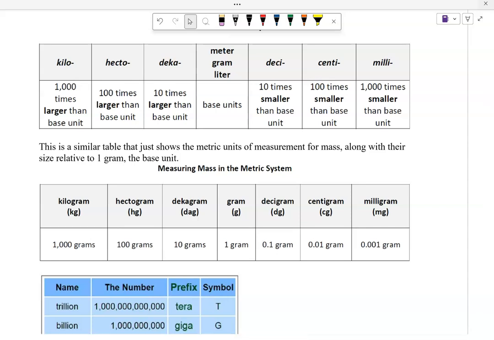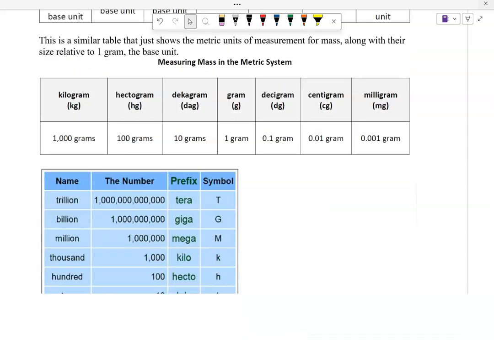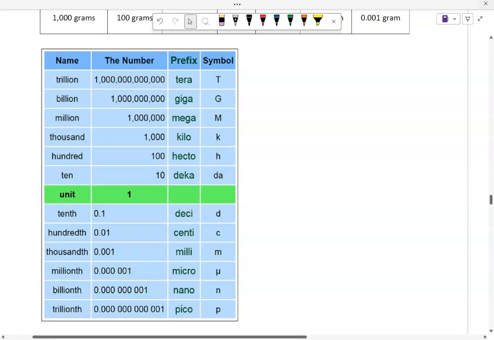I have this listed a couple of different ways, including down here the whole prefix. So for example, if you're using meters as your base unit, length here. One kilometer is times 1,000.